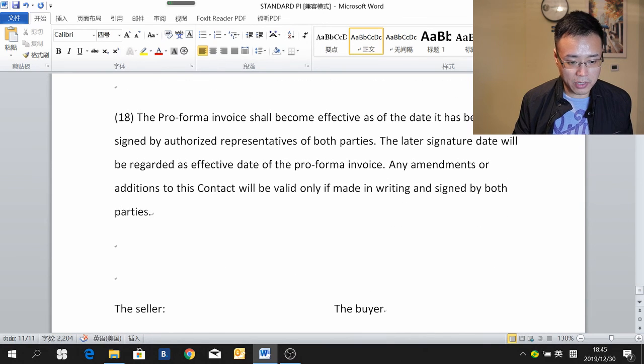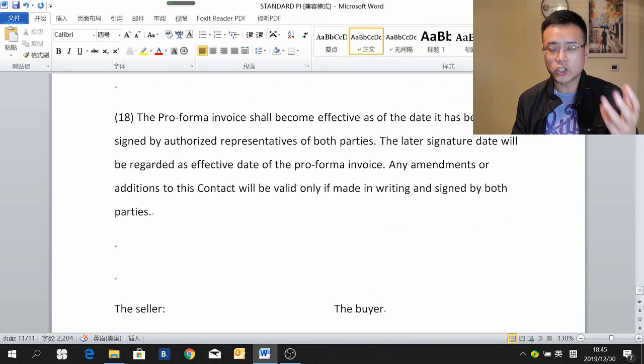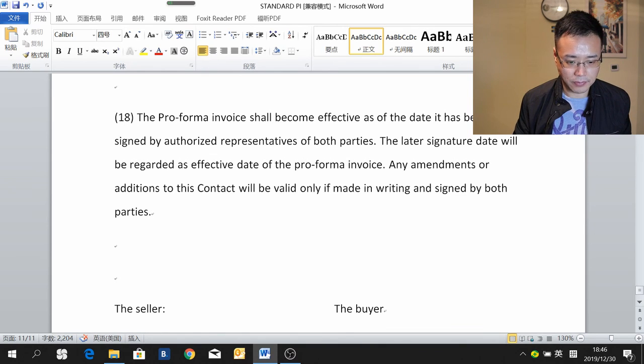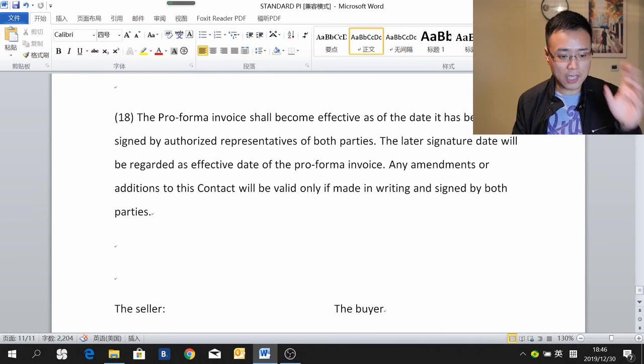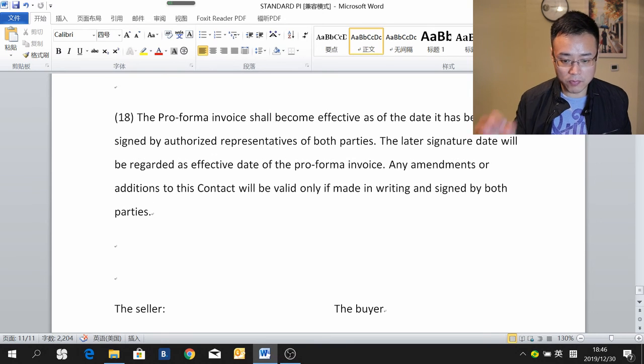Okay, the last one is talking about from which date this pro forma invoice gets into effect. So the last term, number 18, we're talking about from which date this pro forma invoice becomes effective. From the day both parties signed this pro forma invoice.